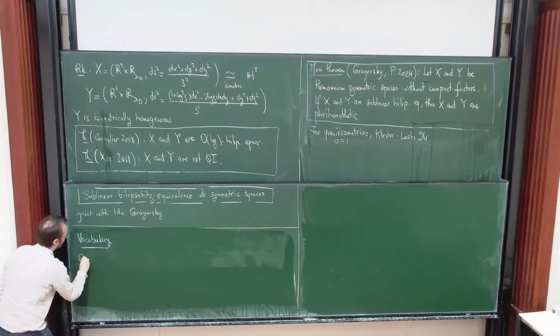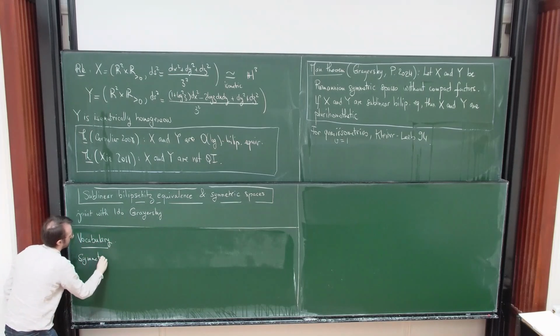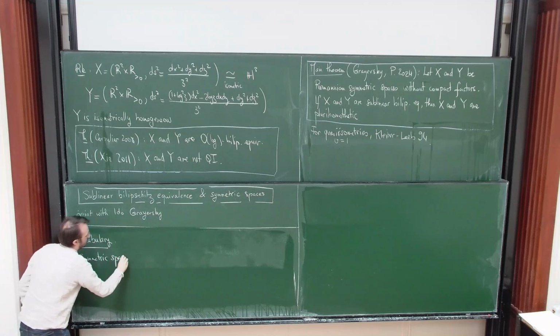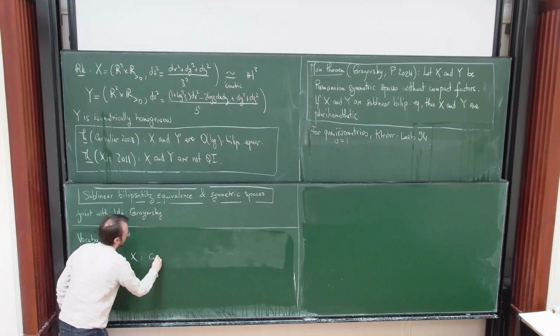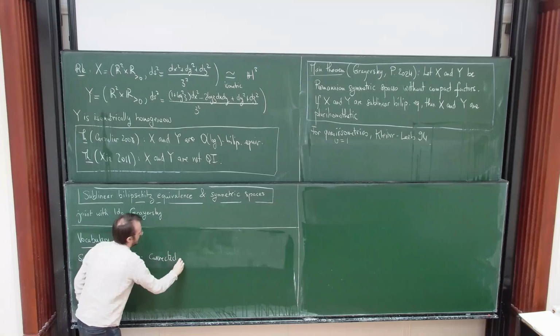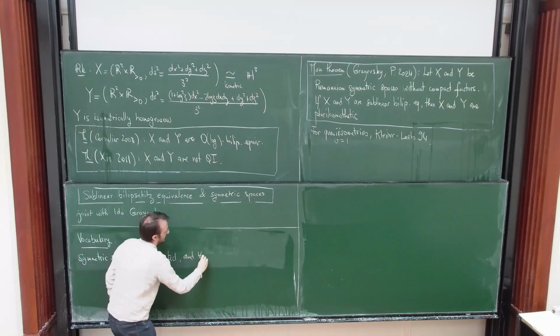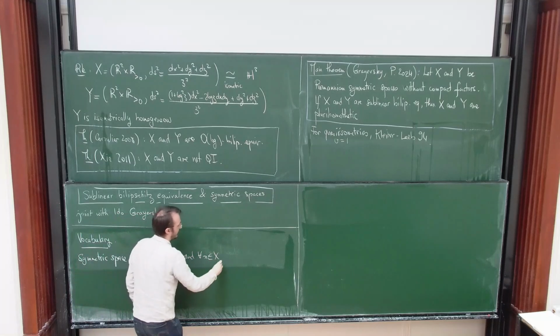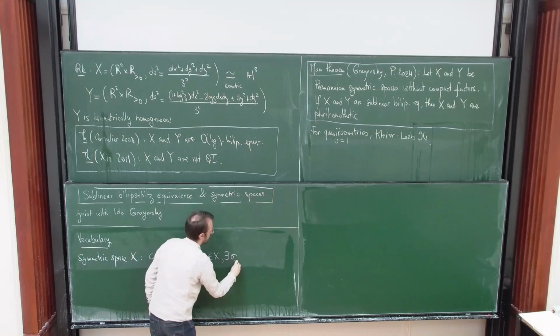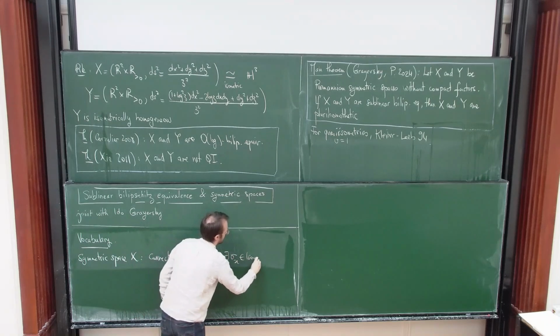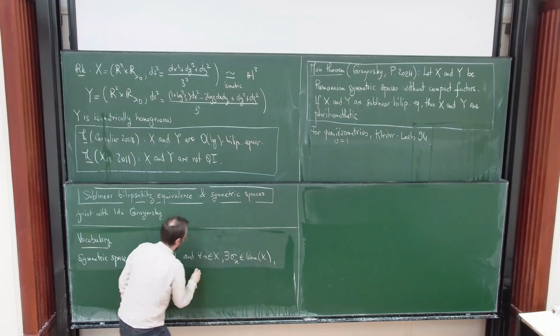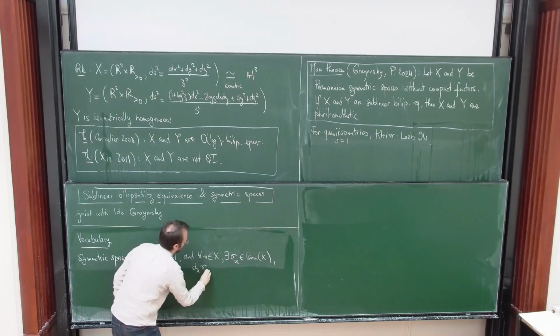So a symmetric space means it's connected, and for all x in X you have a geodesic symmetry sigma x such that d sigma x at x is minus 1.